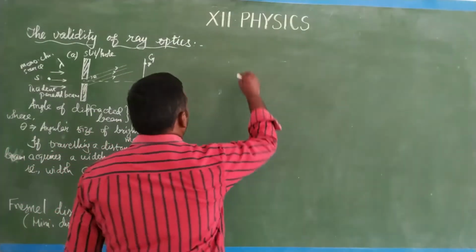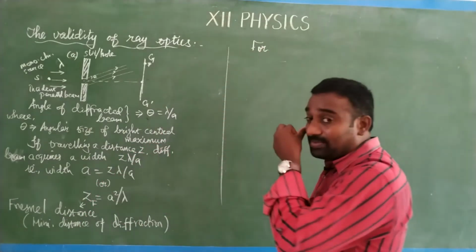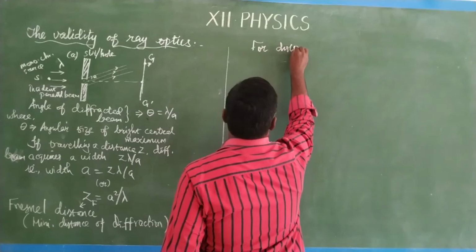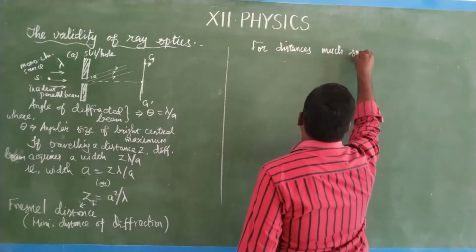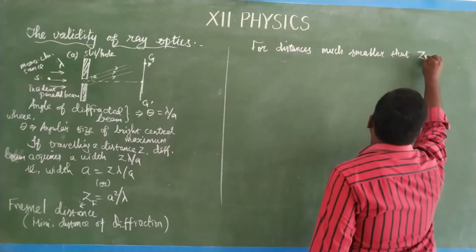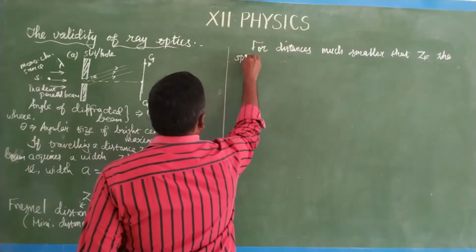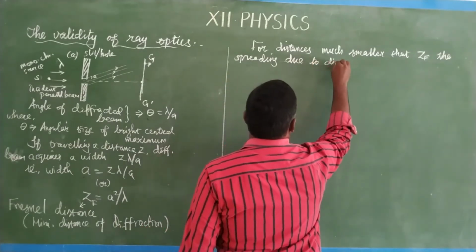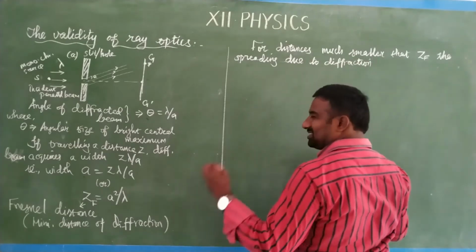Now we are going to see for which distances ray optics is valid and where wave optics is valid. For distances much smaller than the Fresnel distance, the spreading due to diffraction is very less.